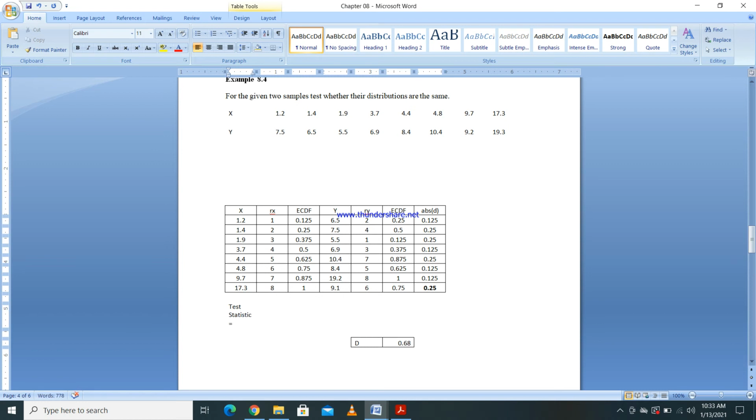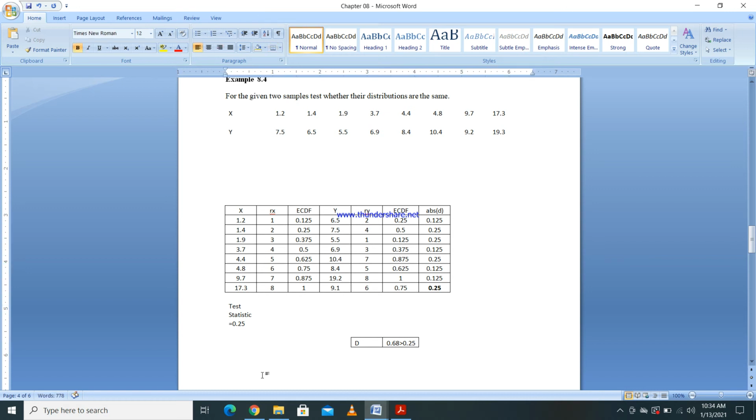So our test statistic is equal to 0.25. And then using the formula 1.36 times the square root of 1 over 8 plus 1 over 8, you can take the critical value. That would be equal to 0.68. So we can say now the test statistic is less than the critical value, right? This critical value is greater than 0.25.